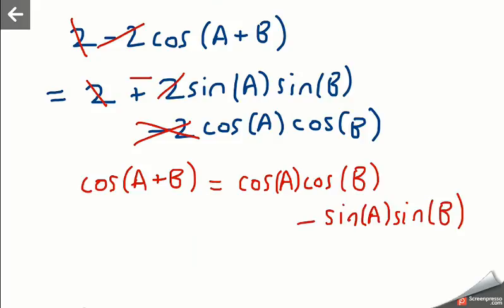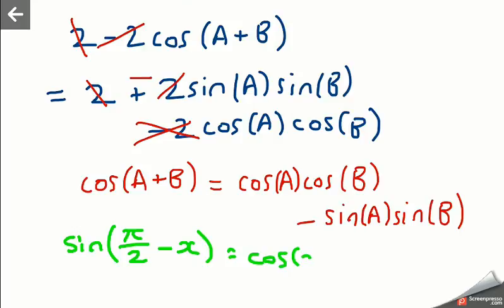And now, to get the sine version of this formula, you can use the fact that sine of pi over 2 minus x is equal to cosine of x.